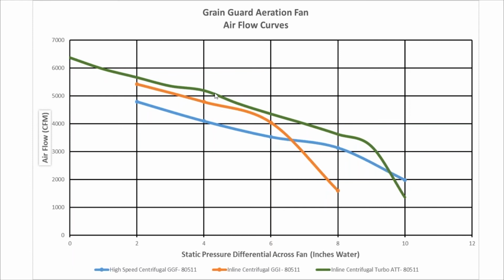It comes at a higher price, and I certainly wouldn't say to go out and purchase just turbo fans. I would really recommend that you get the instrumentation and you get your dashboard for your drying bins, and you see exactly where the best place to operate based on your aeration air delivery system, and see what your cost per point is.